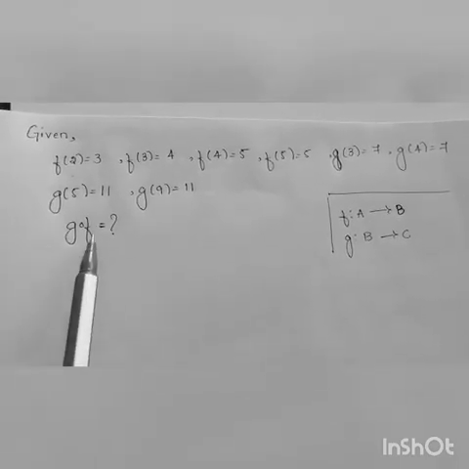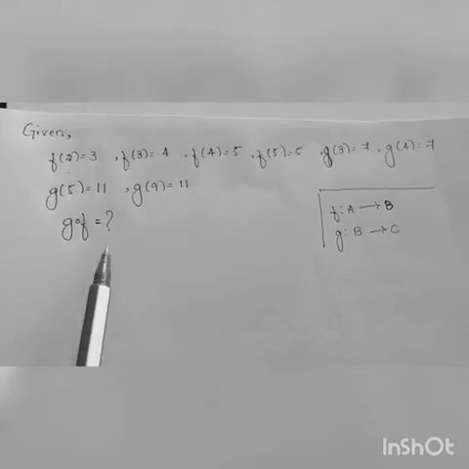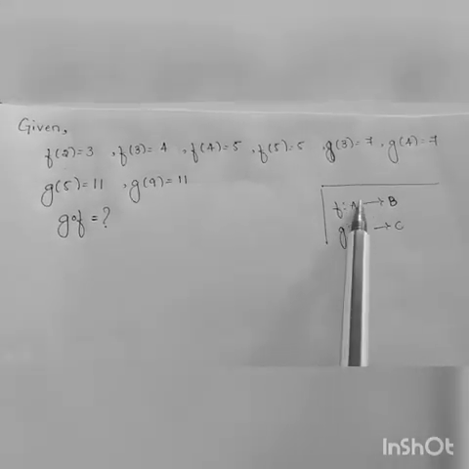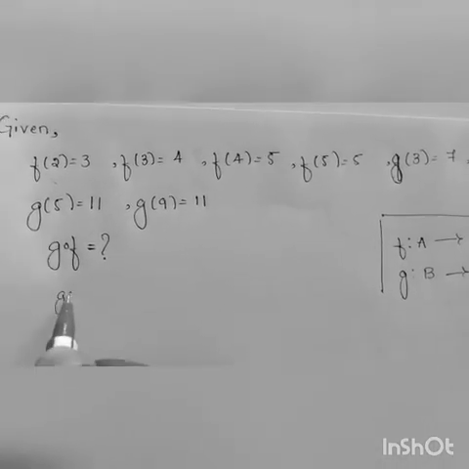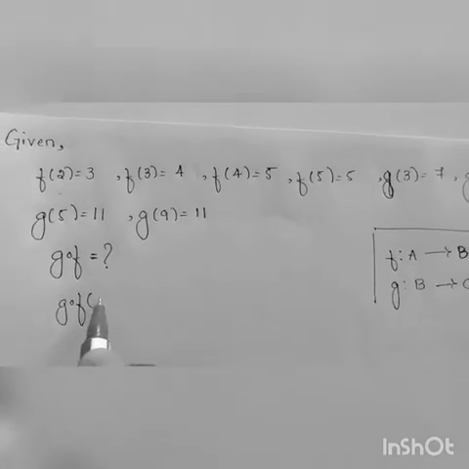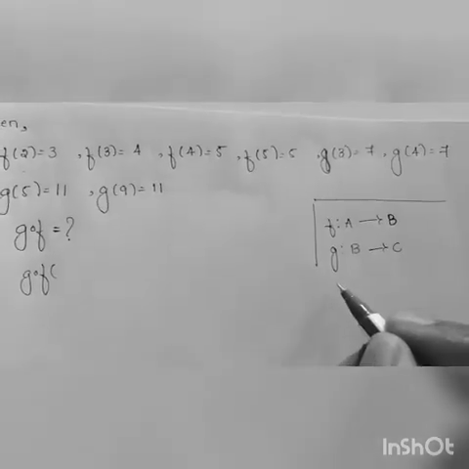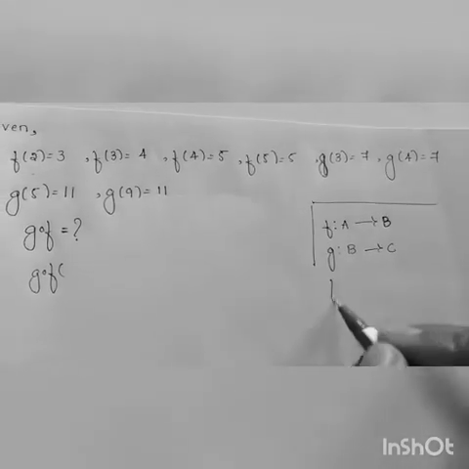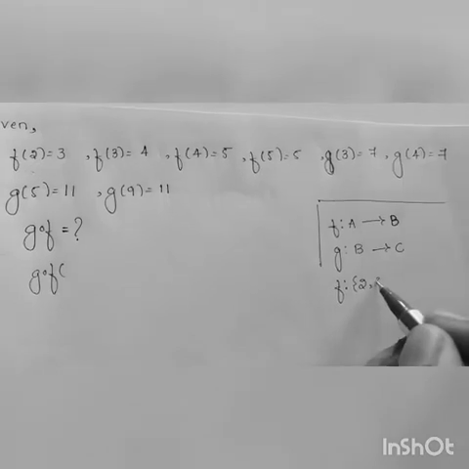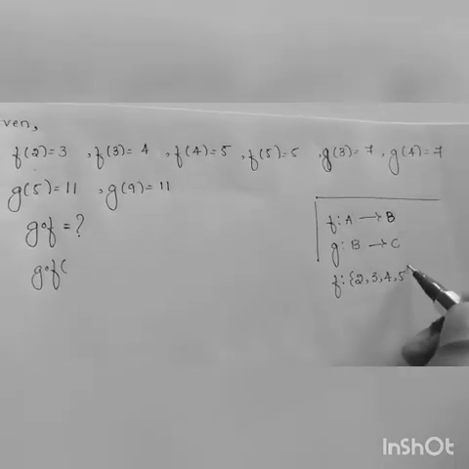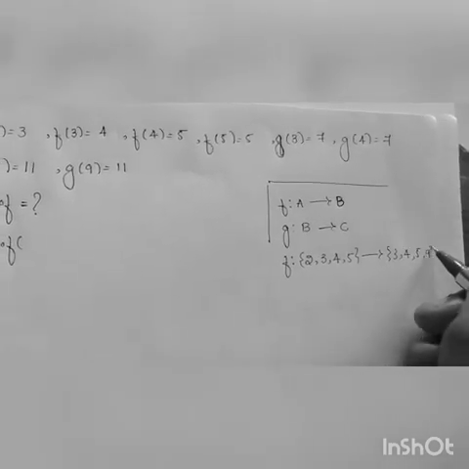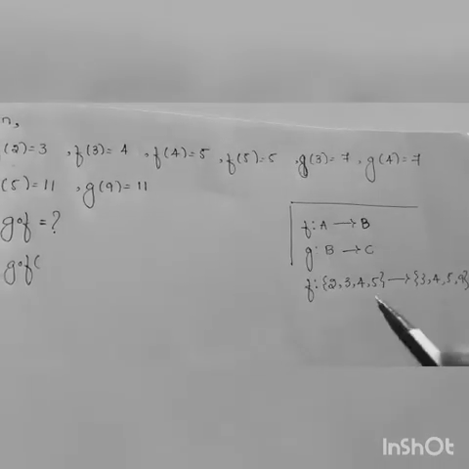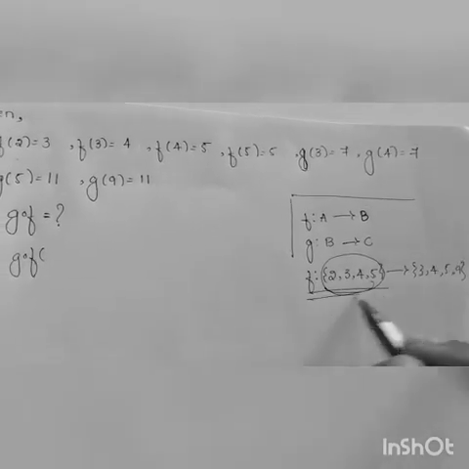Here you need to find g∘f. I have already said that whatever x value you consider will be an element of the set A. So we take g(f(x)) for the elements in A, and the elements in A are 2, 3, 4 and 5.